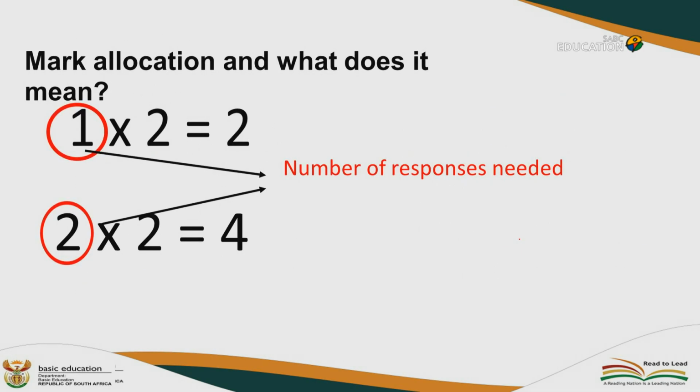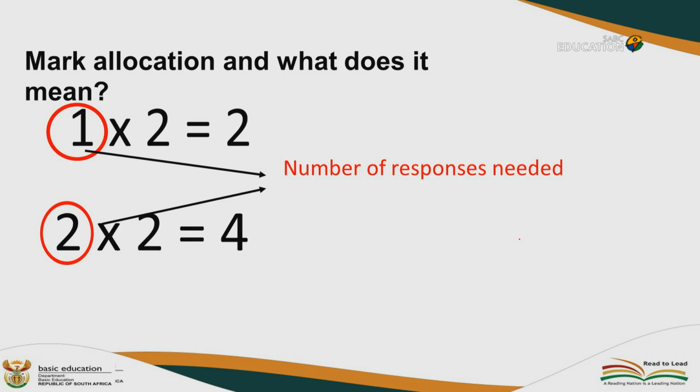Now, remember when I started, I talked about every time you look at section A, source-based questions, you need to look at mark allocation. When you read the question, also look at the mark. Now, every time a mark says 1 times 2, everything that has a 1 on your left, it means the question is a level 1.